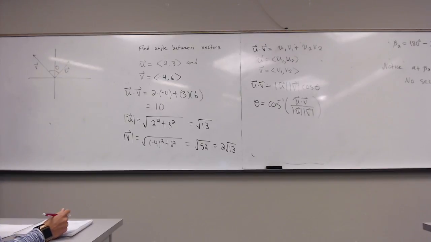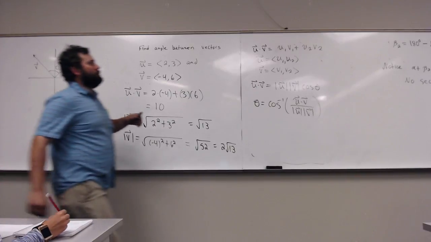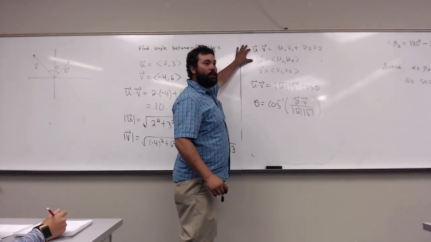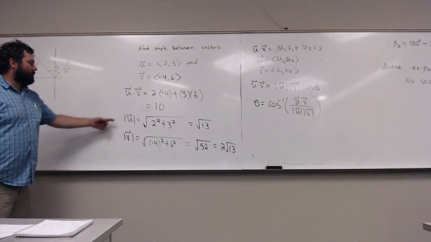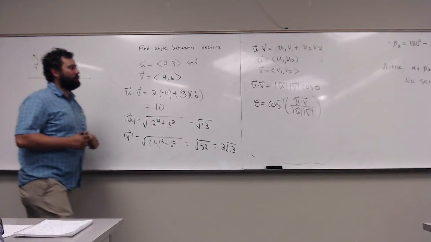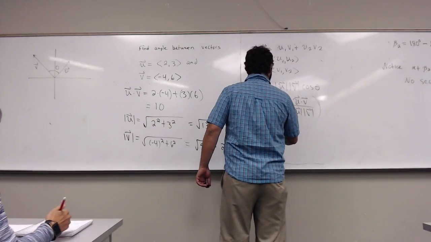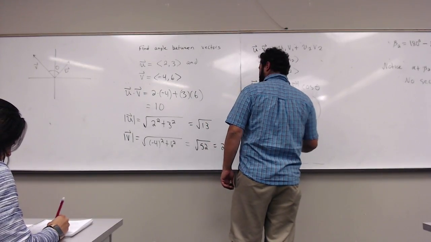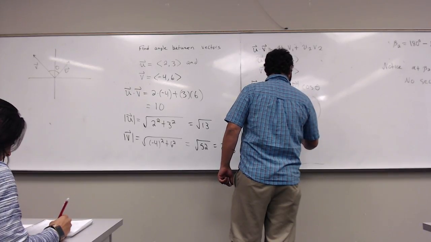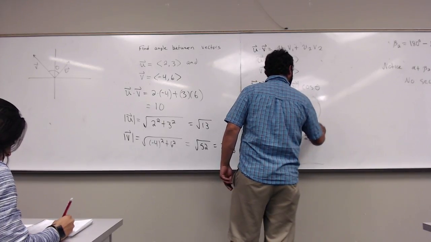We okay there? So if you want the angle between the vectors, you need the dot product. Use the formula from the theorem where you multiply components and add. And then you also need the length or magnitude of each vector. And then when you're done, you just plug it into this formula, cosine inverse. The dot product was 10. And then you have root 13 times 2 root 13.